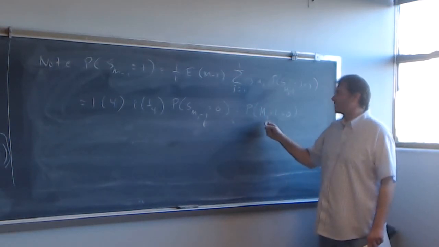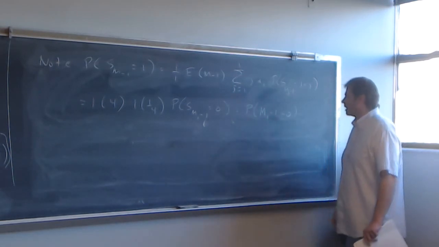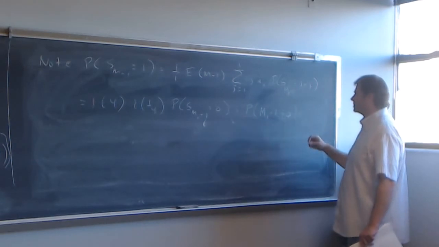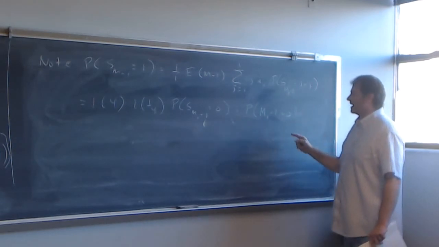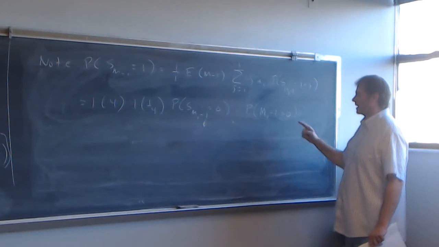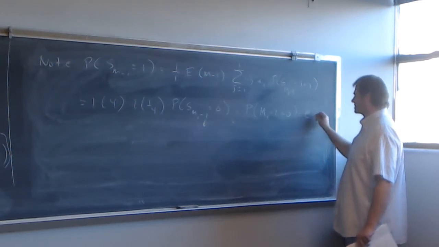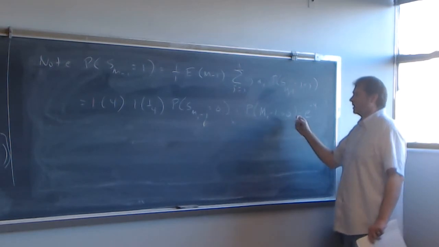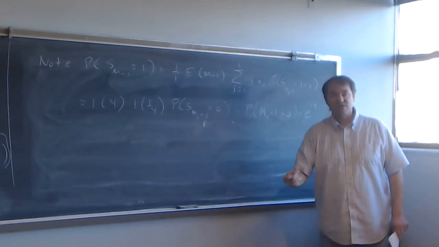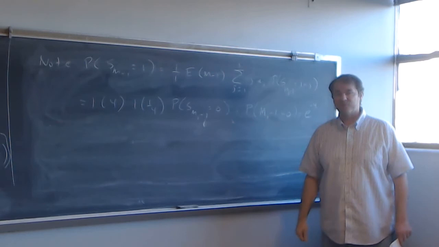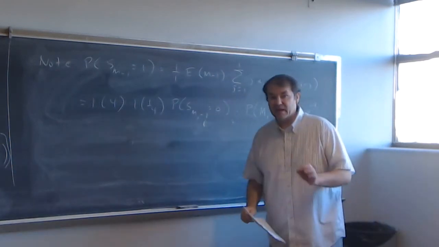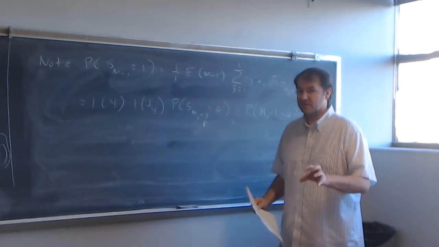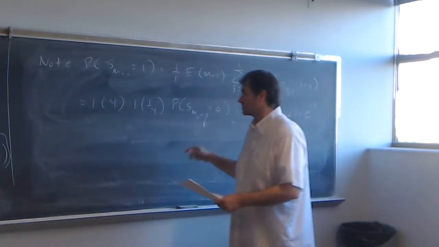And so this is going to be equal to the probability that m minus 1 was equal to 0, and that is going to be e to the minus 4. There's a little something hidden here, but because they're all Poisson with lambda equal to 4, this works out. In the next example we'll do, that hiddenness will be exposed. Okay, so that's what we have.